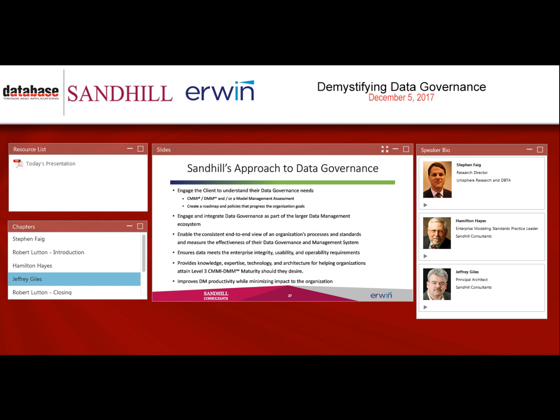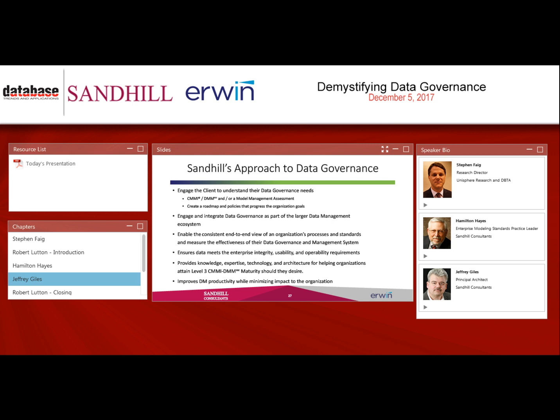and start talking about Sandhills' approach to governance. So Robert mentioned earlier that we had a Wikipedia definition that was straight out of the box. It's a series of processes that are all integrated together to make sure that you have good quality data, right? But it doesn't go down into the details of how you actually get to quality data. That's the part that's missing. So Sandhills' approach is really about the details about how you get to a good quality definition for a term.